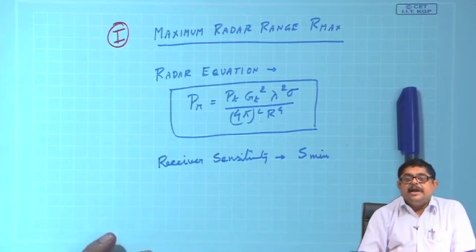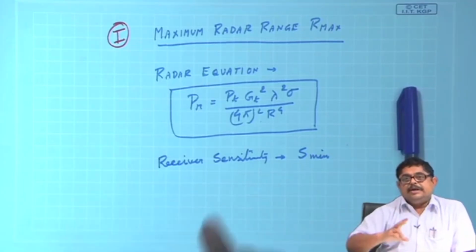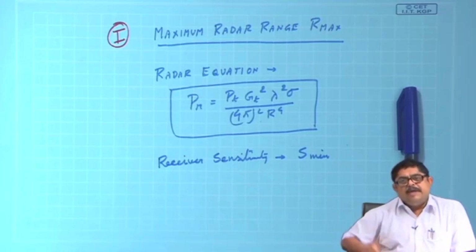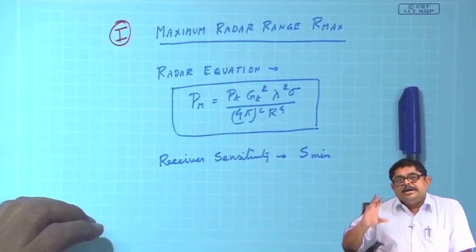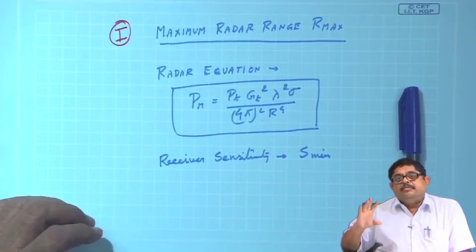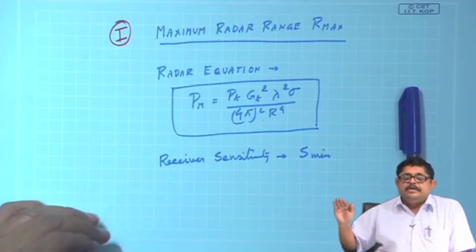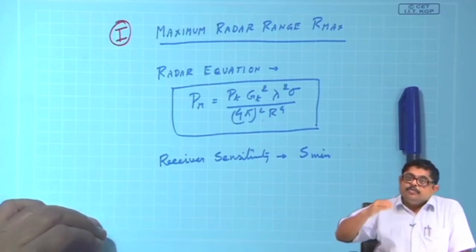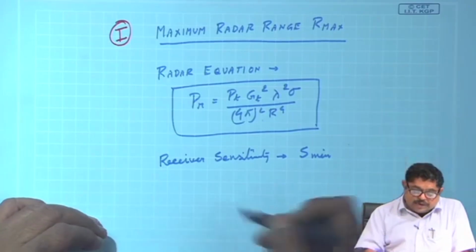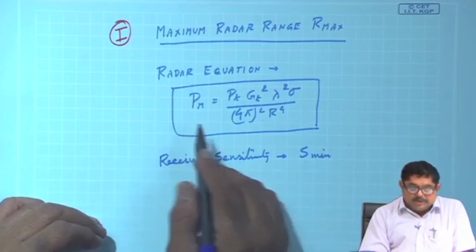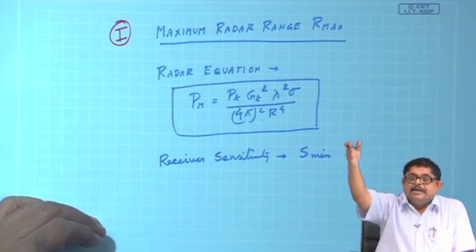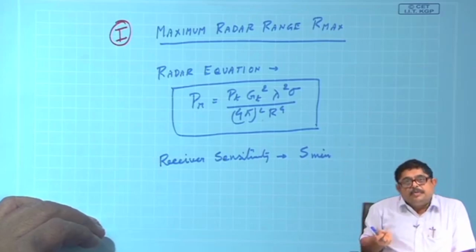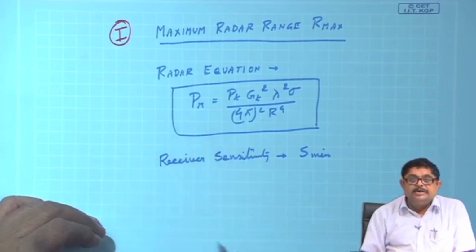It is the minimum signal that I can detect, some 8-10 dB above, depending on the system, but it should be a sufficient margin over the noise floor of the whole system. As the range is increasing, the received signal is decreasing, that means PR is decreasing.